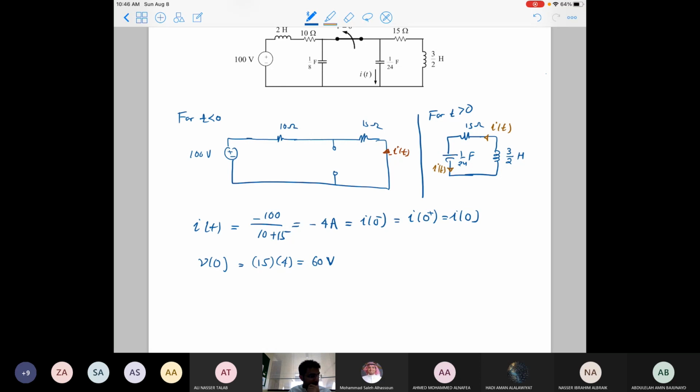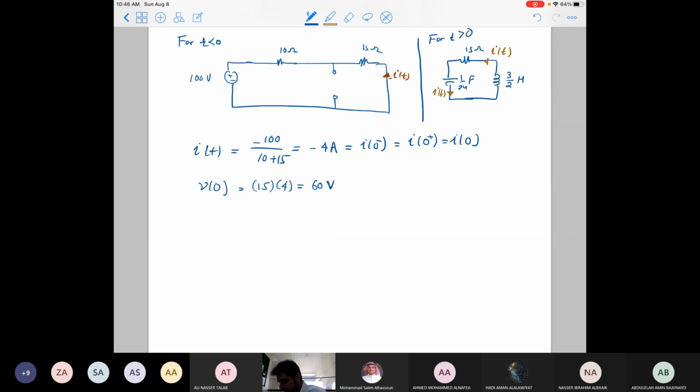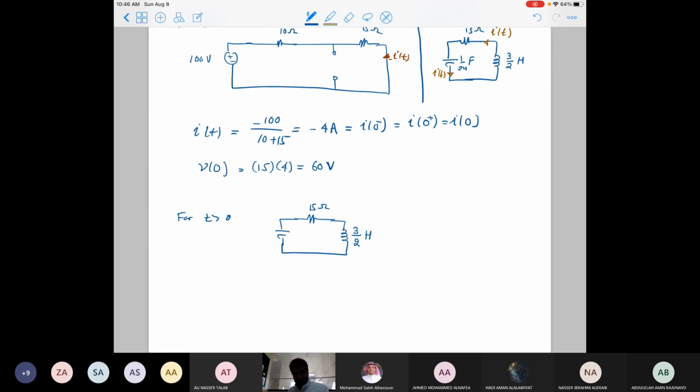Okay, this is the current. And for t greater than 0, again, I'm drawing the circuit. So now I need to find what type of response I have.